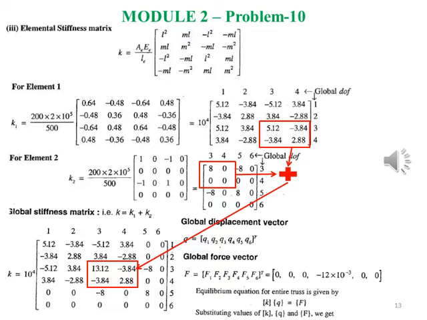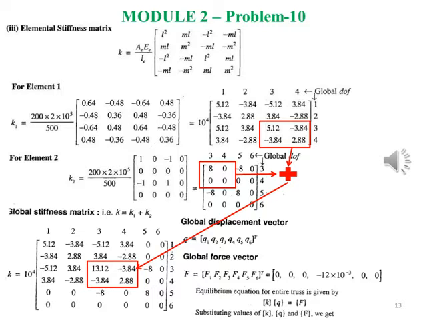Hence for obtaining the global stiffness matrix, while adding K1 and K2 we have to take care of the common terms, that is degrees of freedom 3 and 4, which are there in both element 1 and element 2.